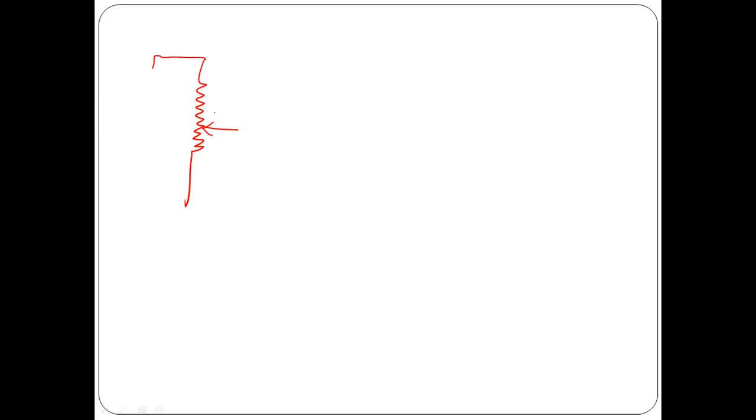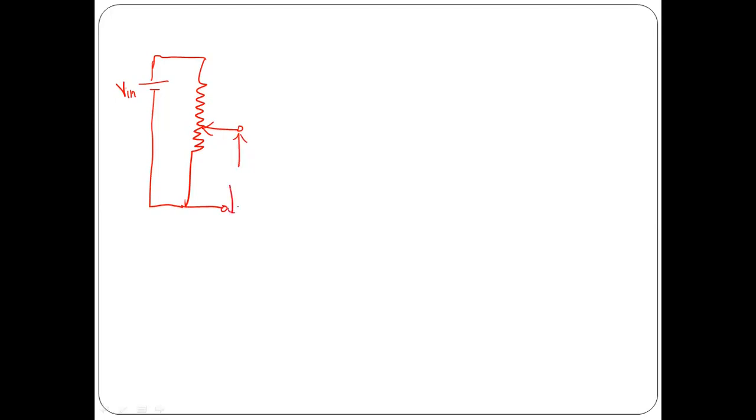Now the object whose displacement I'm going to measure should be attached to this slider. When the object moves, the slider will also move, and using this you can find the distance moved by the object. Initially we'll connect this potentiometer wire to an input voltage, and I'll be measuring the voltage difference between these two terminals.